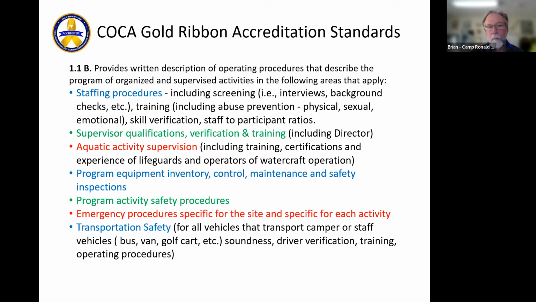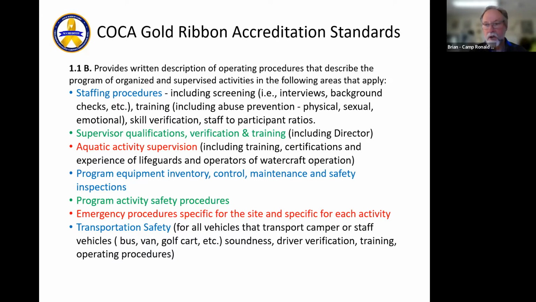So in this one, once again, it takes a look at staffing procedures. And Jen, this is where I wanted to have that conversation, because there are staffing procedures and there's supervision, verification, qualifications of supervisors, those kinds of things. You are using an accredited camp. Many of their staff are under their accreditation and so are fine, but for the ones that you control, the question would be, what's the screening? What's the training? What is the skill verification?